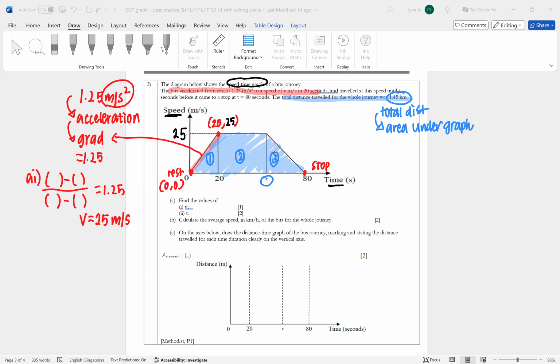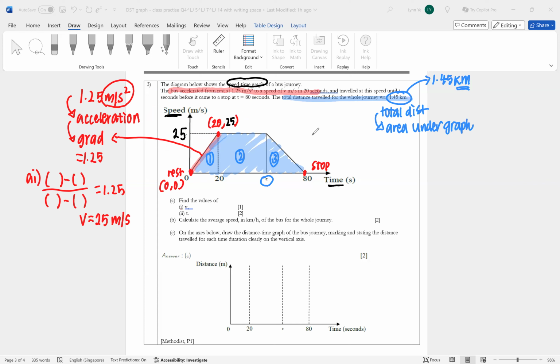Now, another thing you need to take note of is the units. So this is 1.45 km. A lot of students make this mistake because you must look at the speed. The speed determines the unit.